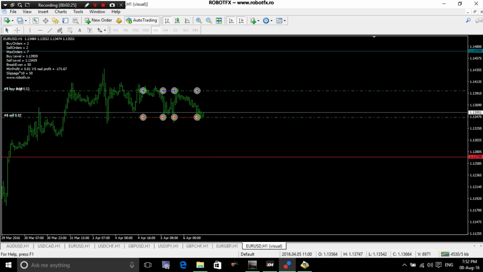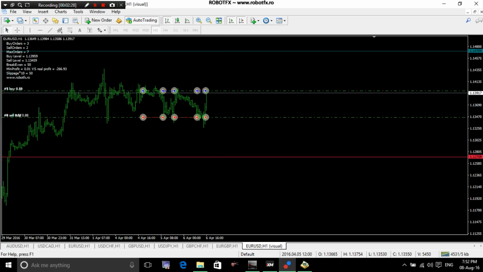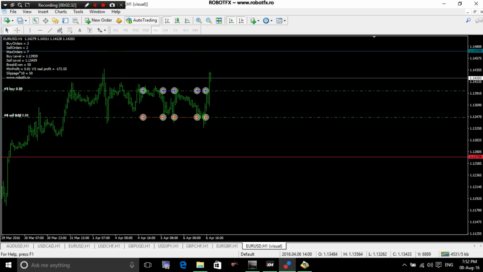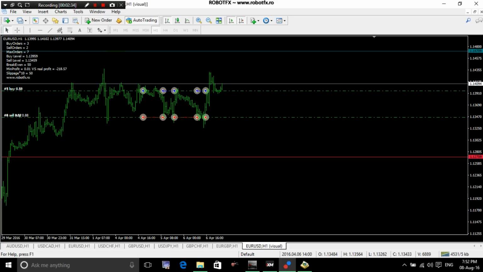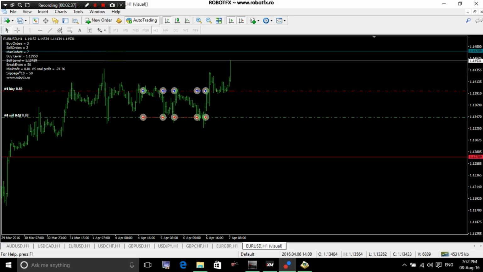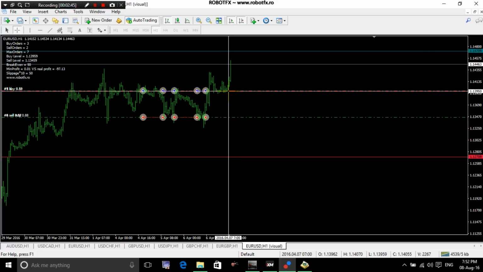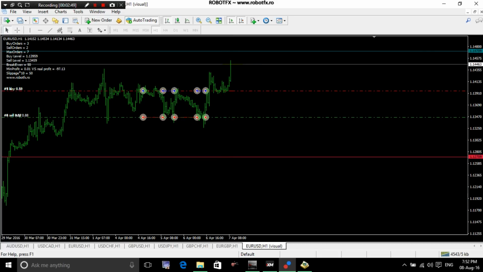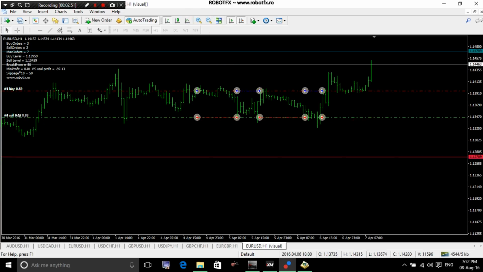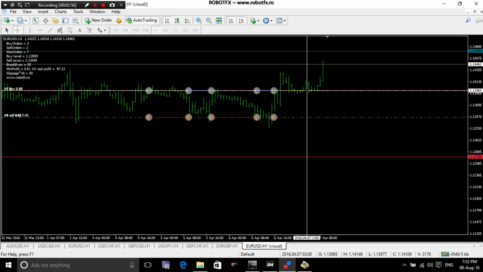Now, since we introduced the break-even in version 2.4, which was requested by some traders, there is a chance that when we have 1, 2, 3, 4, 5 trades, the price goes high enough, far enough from these buys, to trigger the break-even.